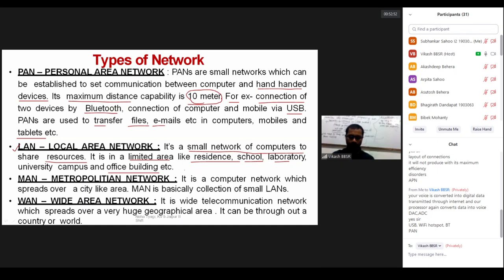Wi-Fi is used only within one organization, within one building, so it comes under LAN also.